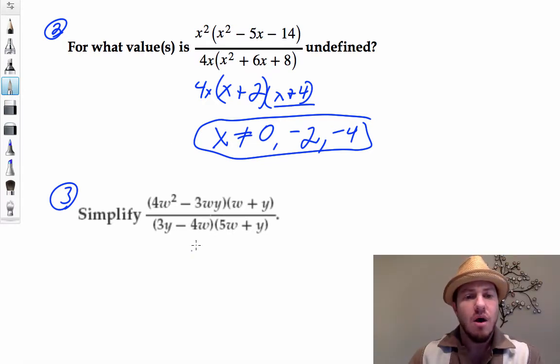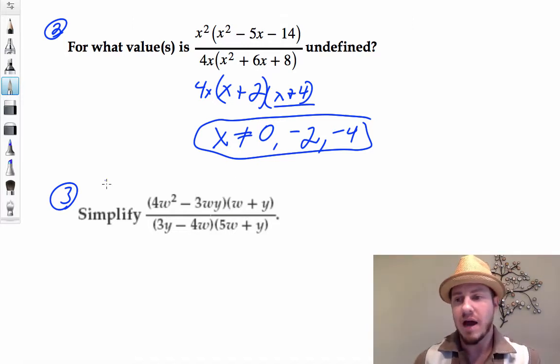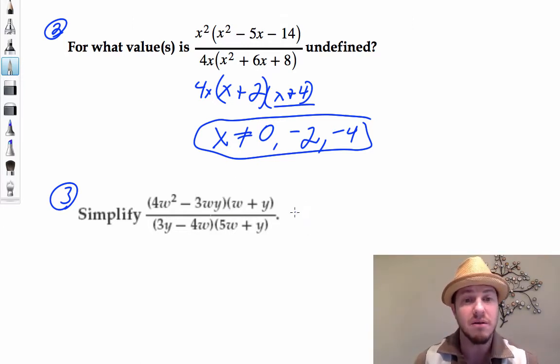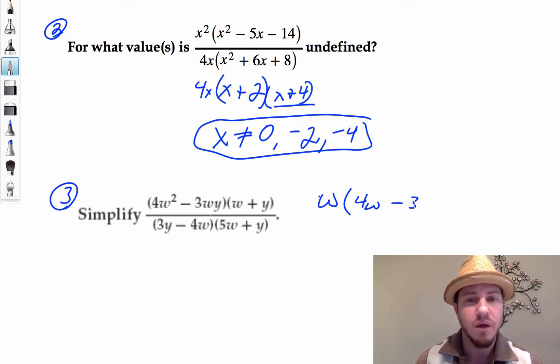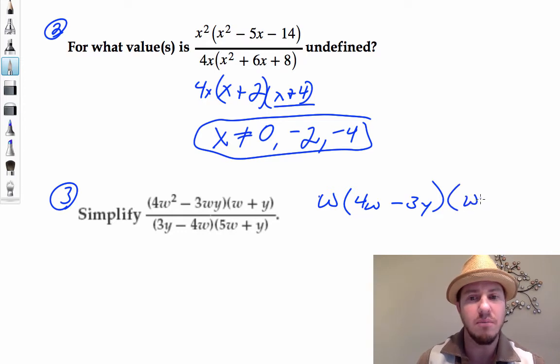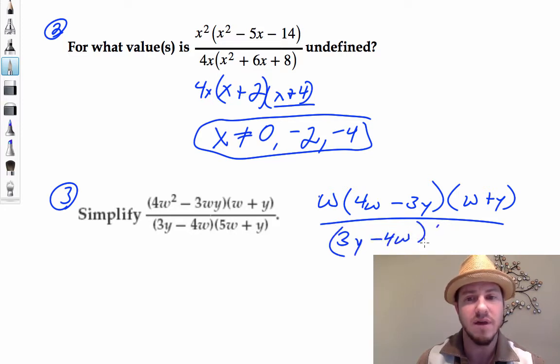Okay, so let's look at one more simplifying, and then we'll get into the multiplying and dividing. So before I simplify, I'm going to look ahead and factor. I can't factor a coefficient out here, but I can factor a w, and that's going to leave me with 4w minus 3y times w plus y divided by 3y minus 4w times 5w plus y.